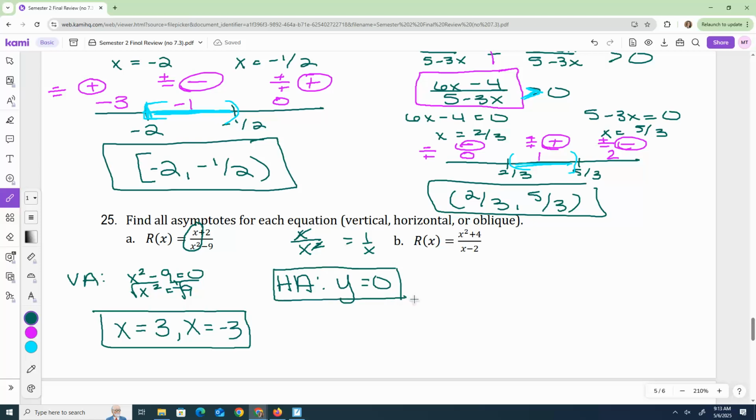So anytime x is left on the bottom, it's y equals 0. So it'll either be y equals 0 or be oblique. Or it could be y equals a number. If this had been like 3x squared divided by x squared, the x squareds cancel and you would just have 3. So it would have been y equals 3.